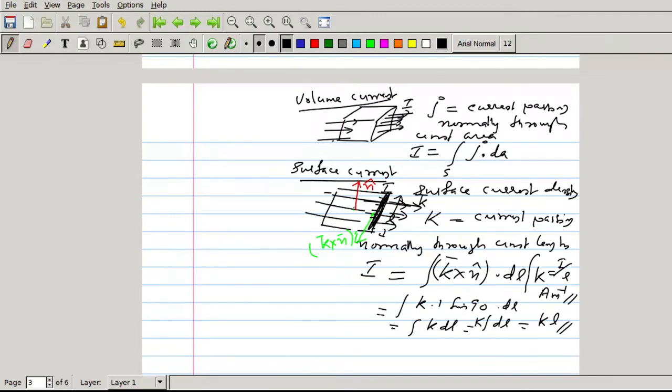If J is the current density, then in vector form we can write I as the integral of J dot dA. What is the direction of area? The direction of area will be normal to the surface.